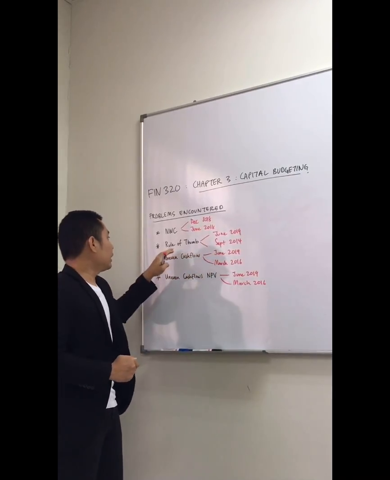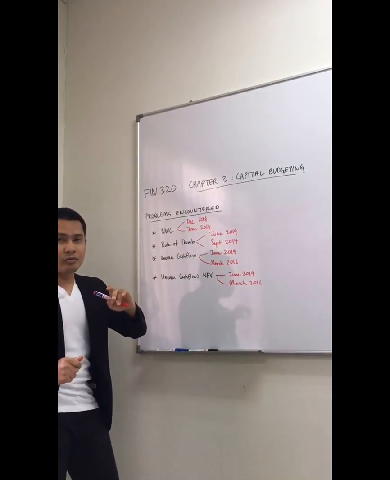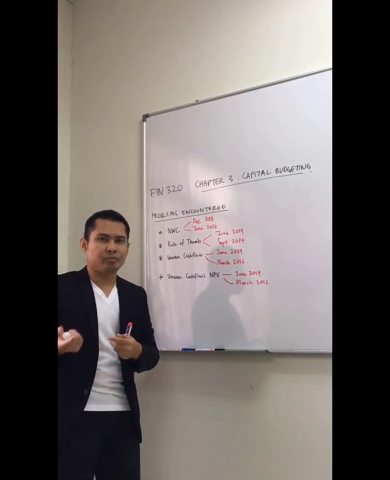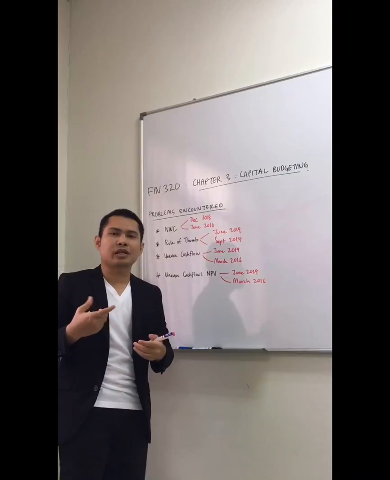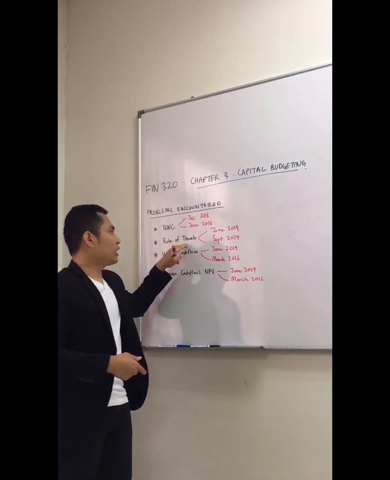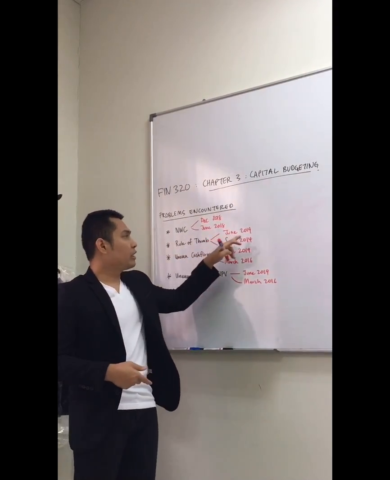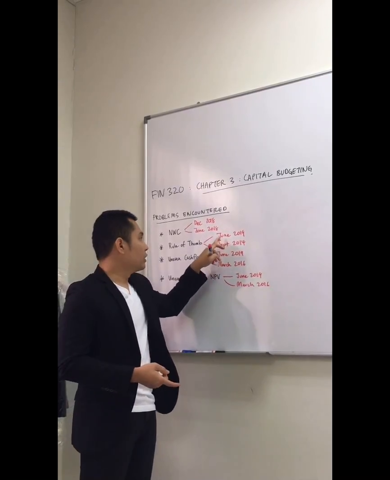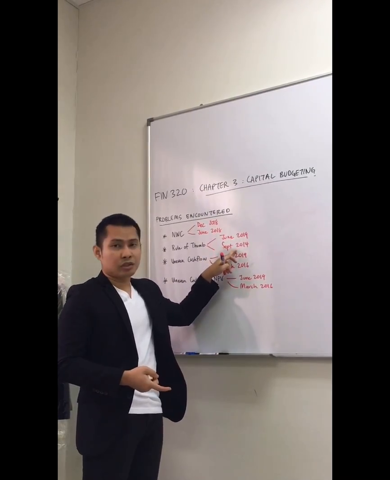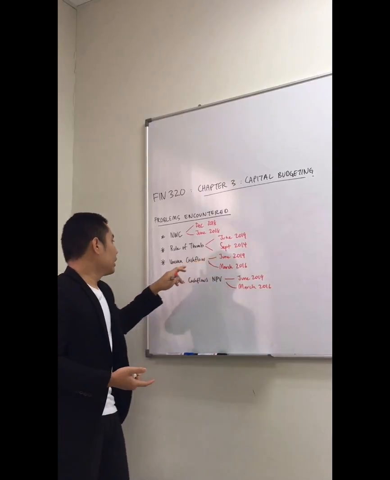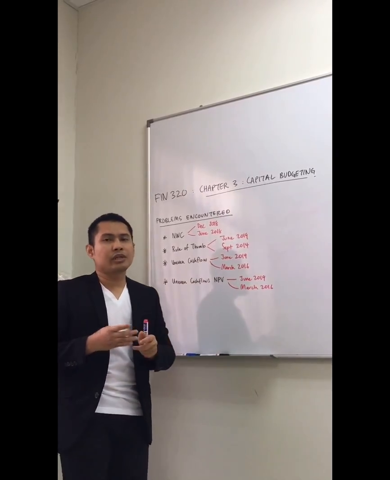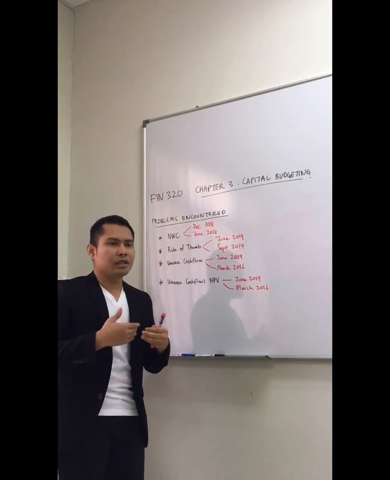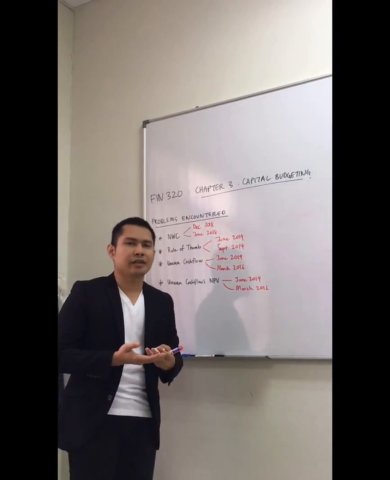So I will cover today the problems with NWC with examples from December 2018 and June 2018. Then some of you ask when do we use the rule of thumb, because based on the previous lecture we do not cover that. So today I will give you examples of when to use the rule of thumb, from June 2009 and September 2014's questions. And then you will also encounter problems if the cash flow is uneven.